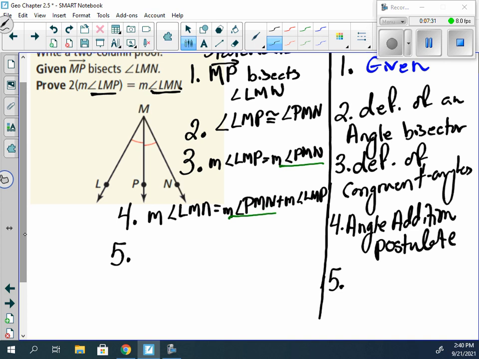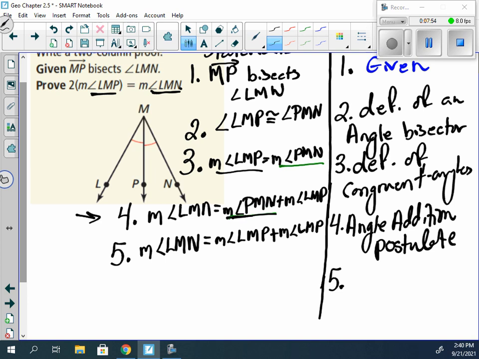Yeah. So what we could do is in this equation here, really we can say the measure of angle LMN, the whole angle, is equal to, well, we already said PMN is the same as LMP, so we can say the measure of LMP plus the measure of angle LMP.